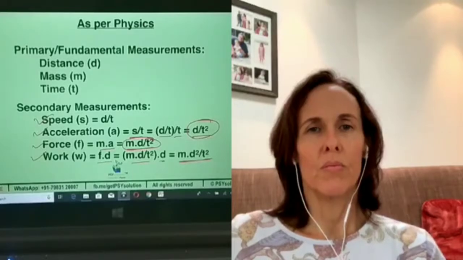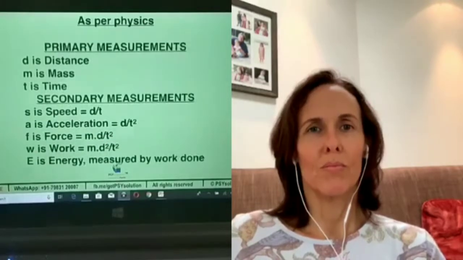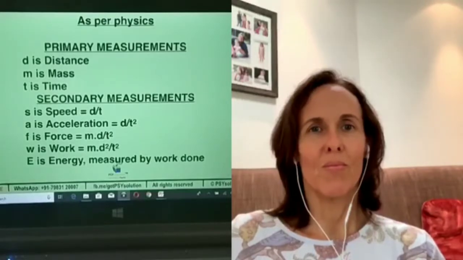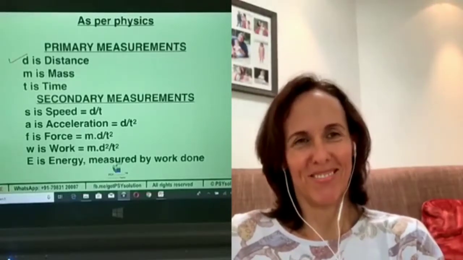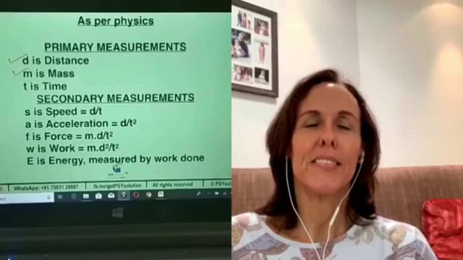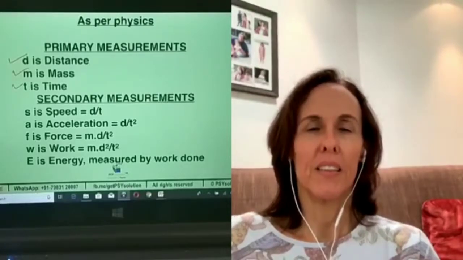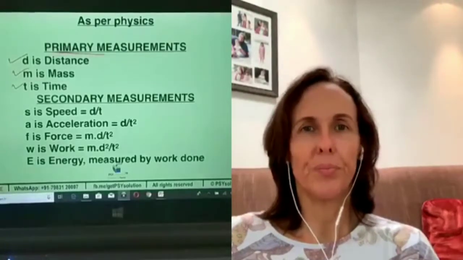So if it is too much information, let's revise a little. On this slide, we'll revise it. Yeah, Victoria, it's a revision again. D is distance, M is mass, T is time. These are the primary measurements in physics.